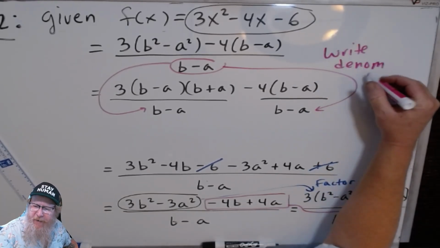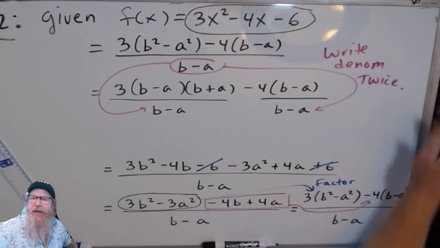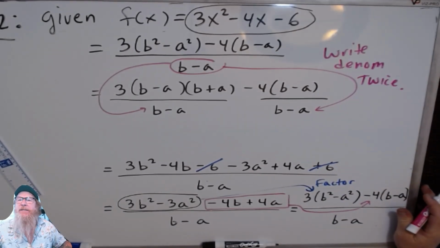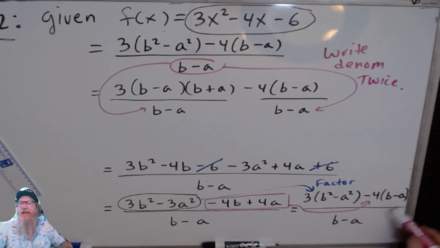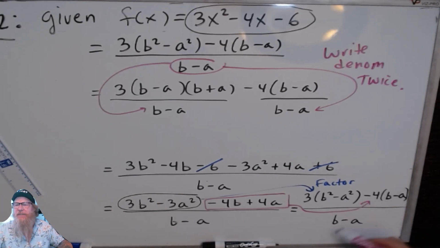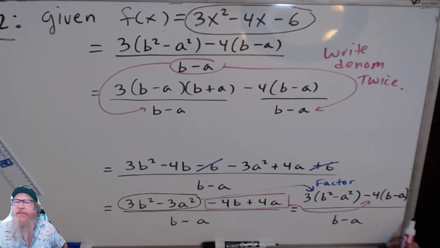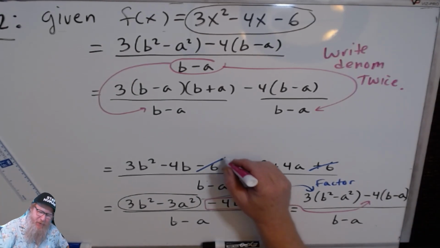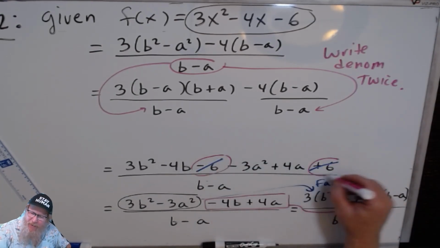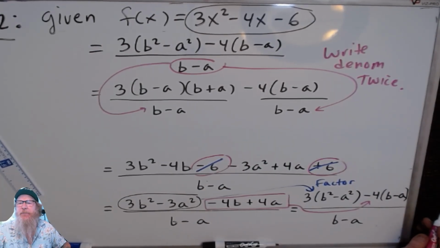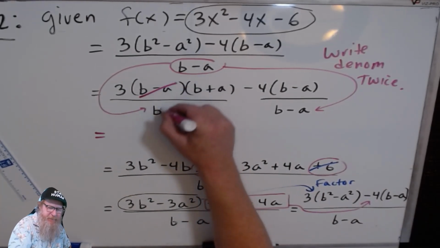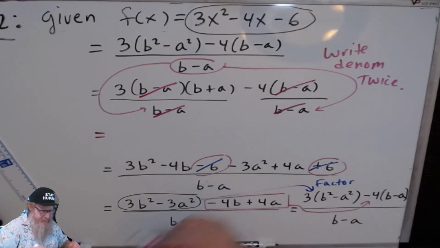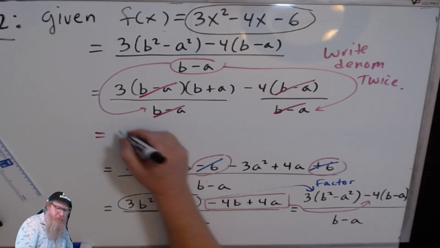I usually wait till the very end and write the denominator out twice, and that prevents me from false canceling. False canceling is when early in the process you cross something off that doesn't really cancel. The only thing that cancels early in the process are the 6's in this example, but everything else cancels right here at the very end, and now you have your slope.